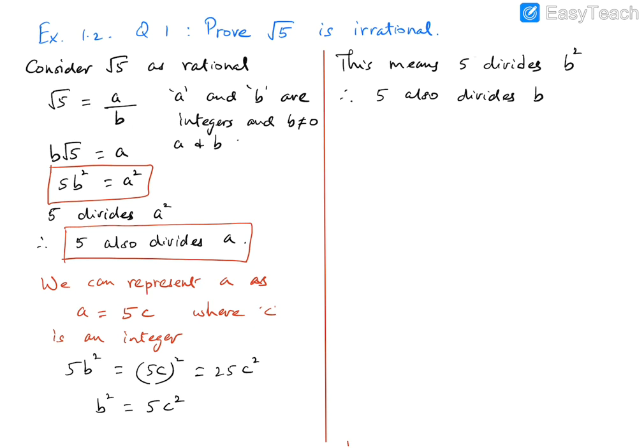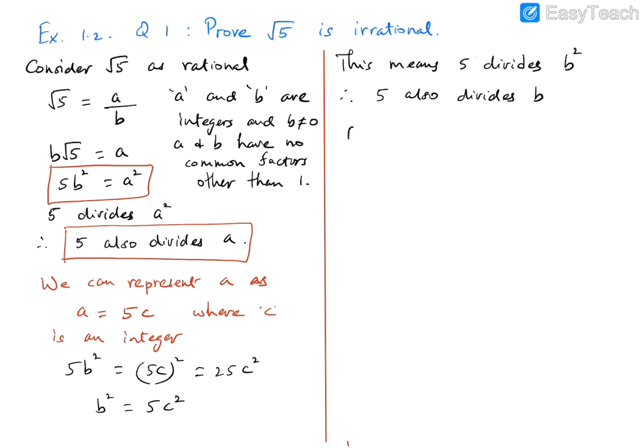But here we see that a is having a factor 5 and so is b. Both are having a common factor of 5.